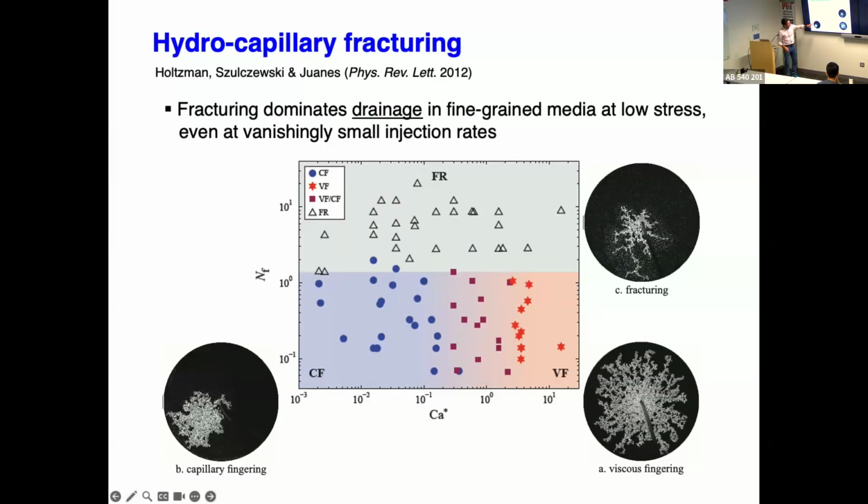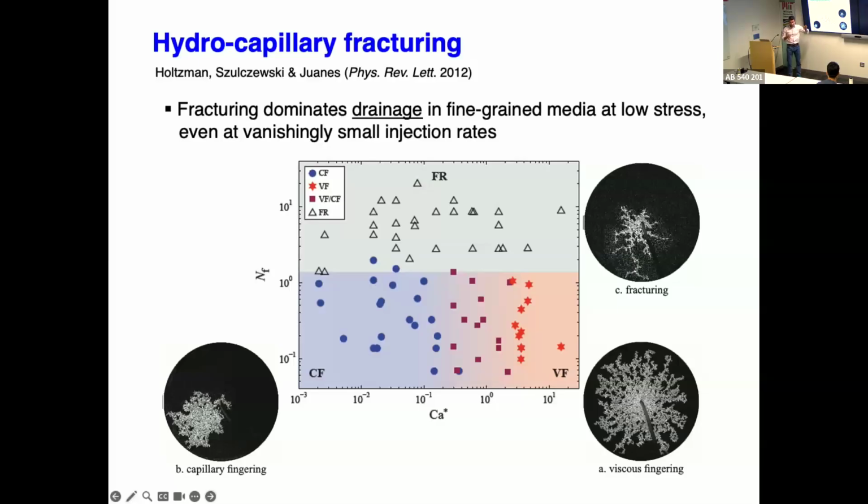Okay, so you do experiments where you vary different parameters so that you vary the balance between capillary and viscous forces. So this is well understood for rigid medium, and we've seen it already. You undergo a transition from capillary fingering to viscous fingering. That transition is smooth. So the fractal dimension changes gradually.